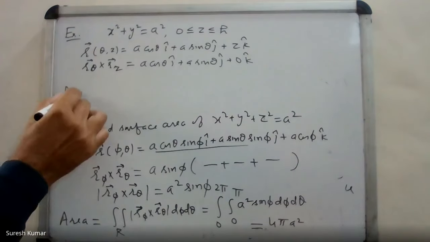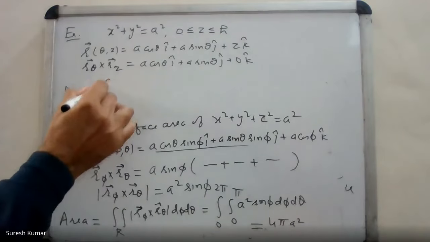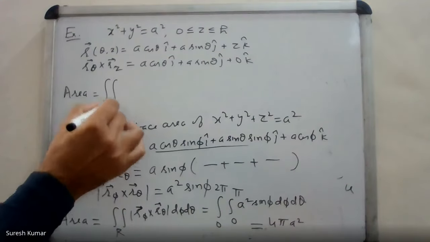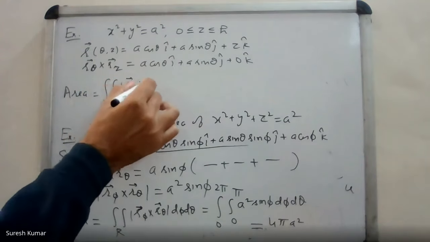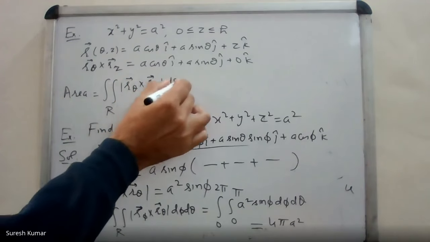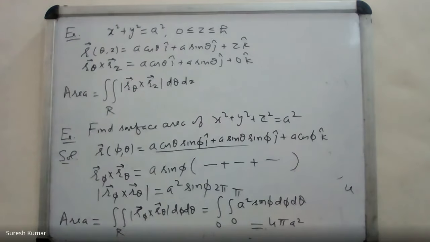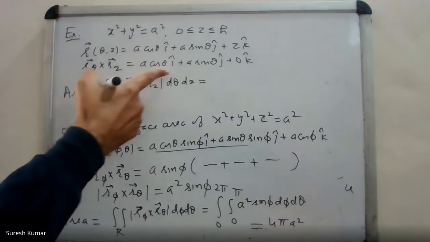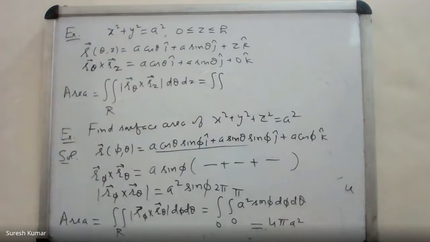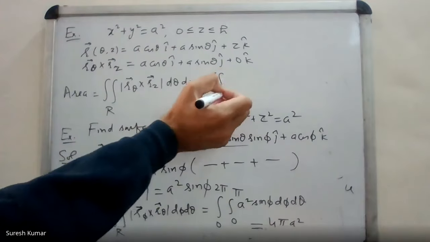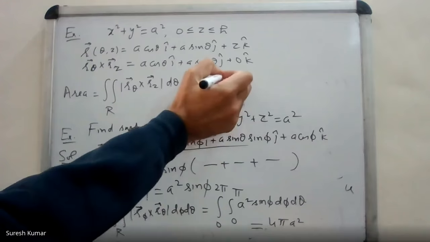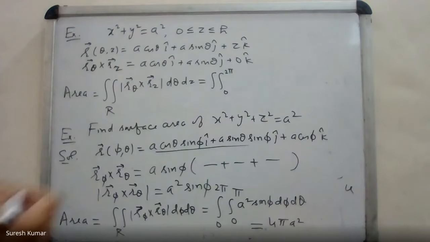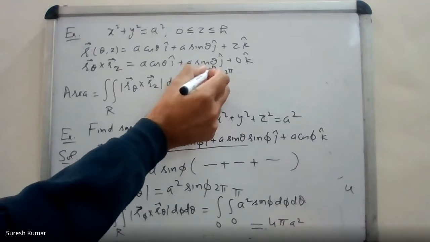So what should be the area? Double integral over R of magnitude of R theta cross R z d theta dz. What is the magnitude of this vector? a only. Theta and z for the curved surface of the cylinder vary as theta 0 to 2 pi, z 0 to h.